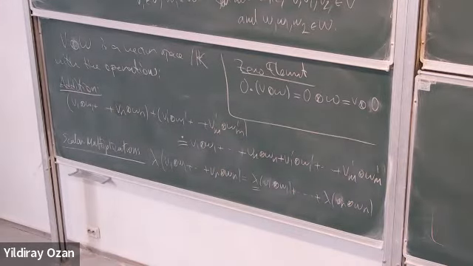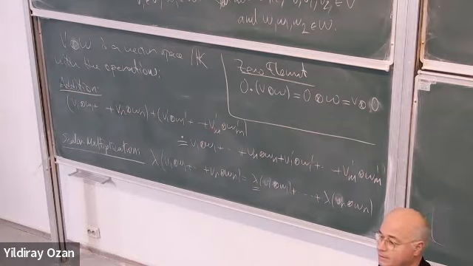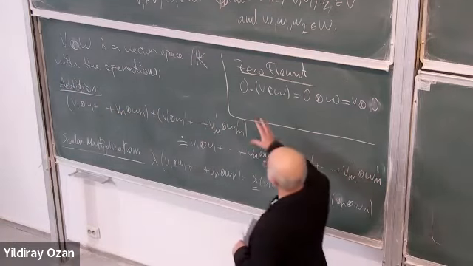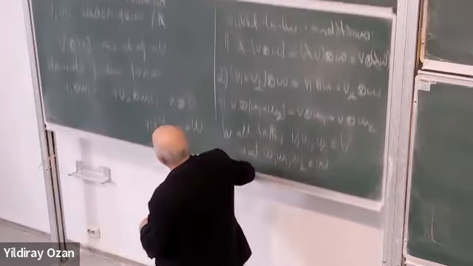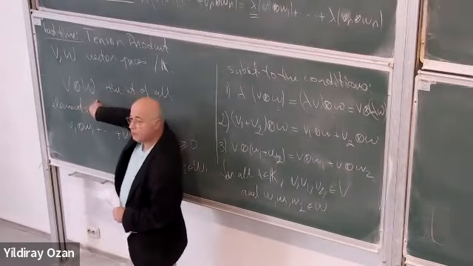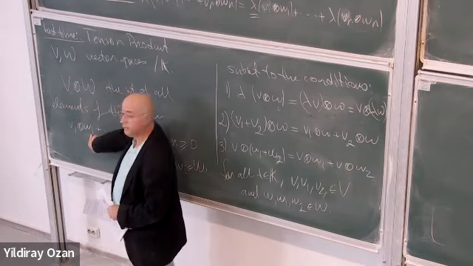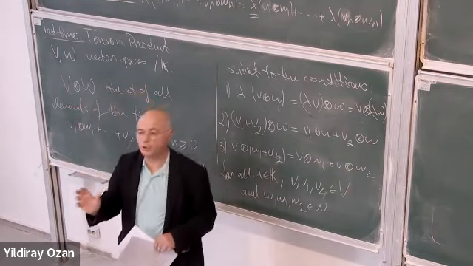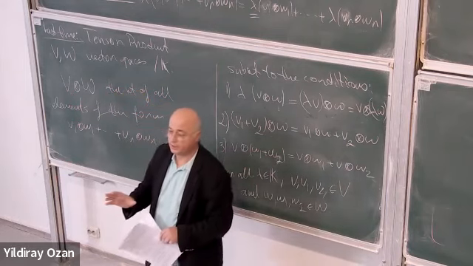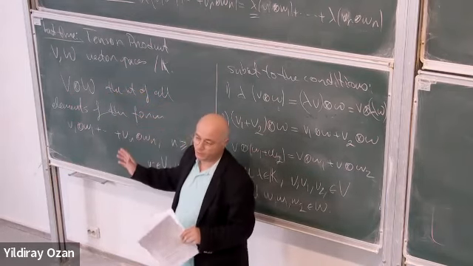All right, so this is kind of the summary of what we have done last time. Here it is V tensor W. If I say V tensor W, then the first element will be from V, the second element will be from W. So V tensor W and W tensor V are different objects, but we will see that they are isomorphic.